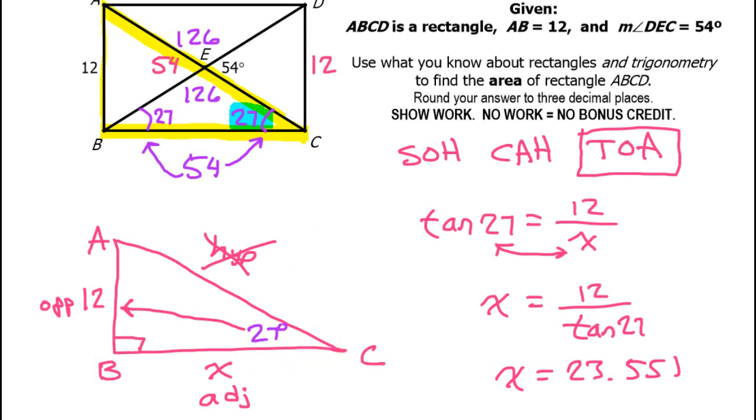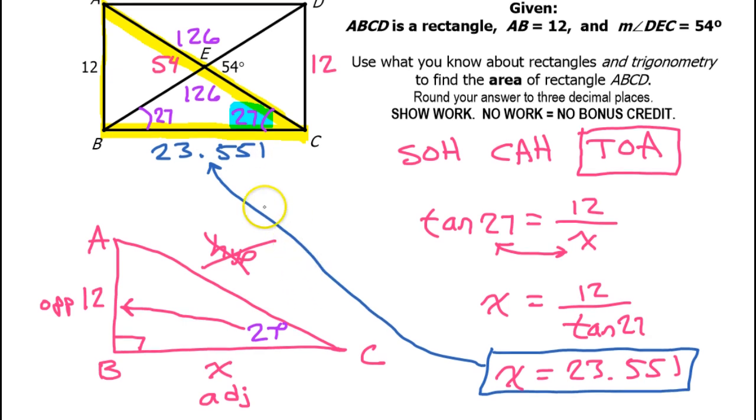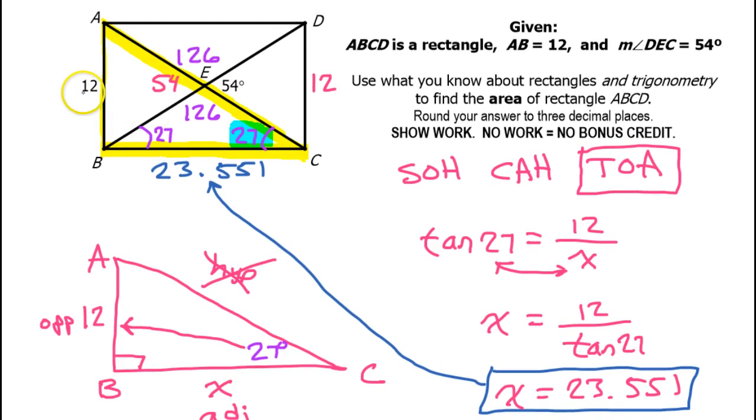So I'm going to go all the way back and put this back into my picture. Okay, so I just found x, which goes right here. So this side is 23.551. Now I can find the area of this rectangle, because the area is base times height, length times width.